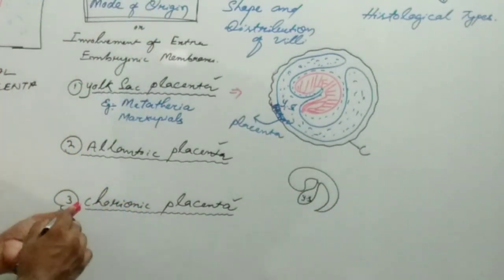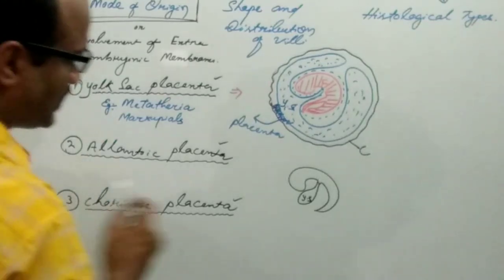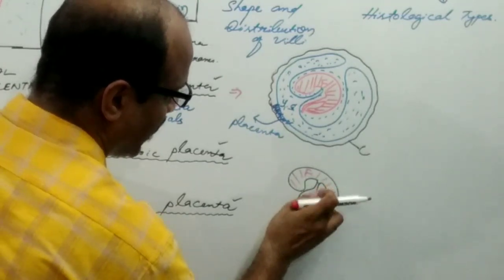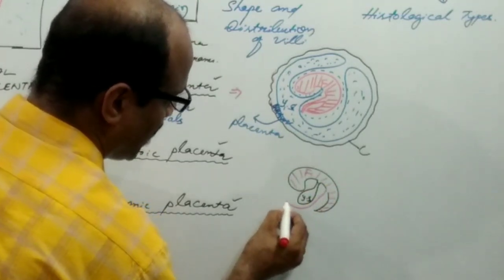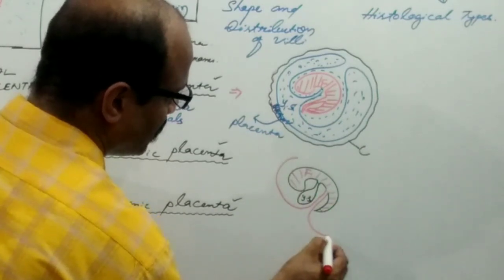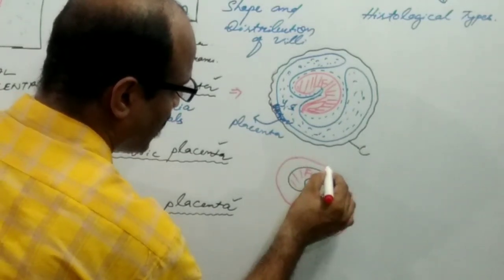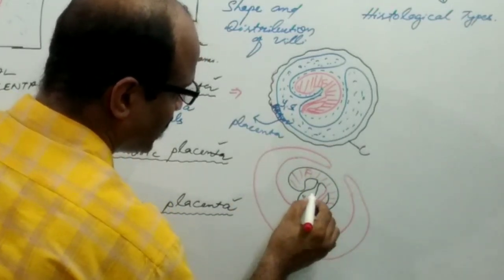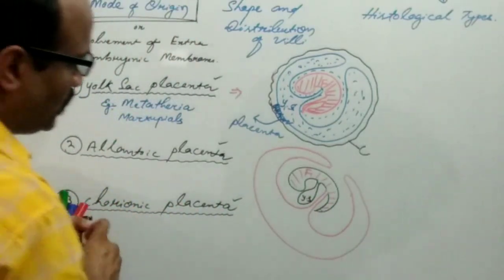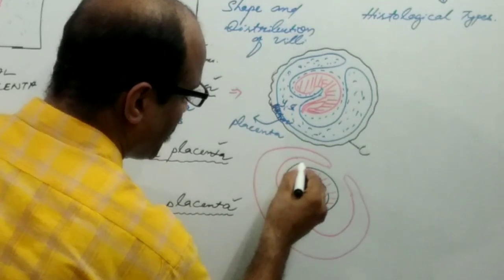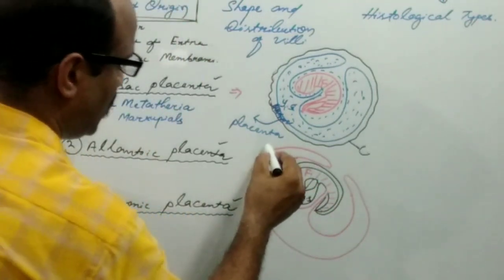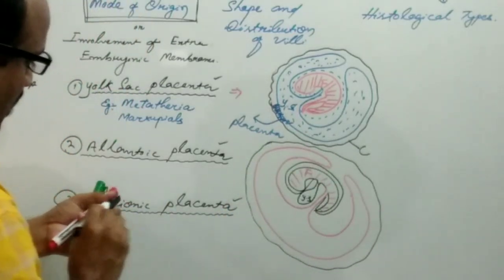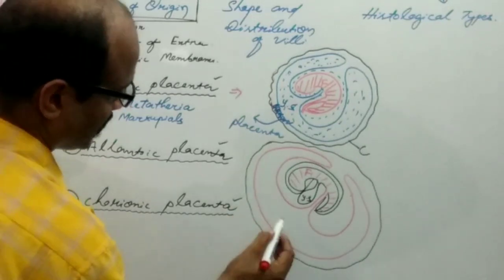Suppose that this is the fetus, and here the allantois grows and covers most of the extra-embryonic space, and also covers the embryo and the amniotic cavity. The outer layer is the chorion, and this highly grown structure is the allantois.